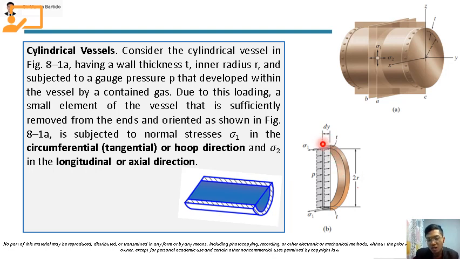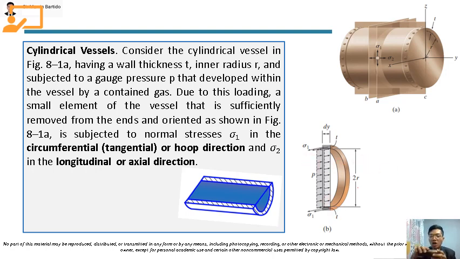This wall of the vessel and this wall will again be subjected to sigma 1, the tangential or circumferential stress. This stress is represented by this and this. So that's for the circumferential or tangential stress.